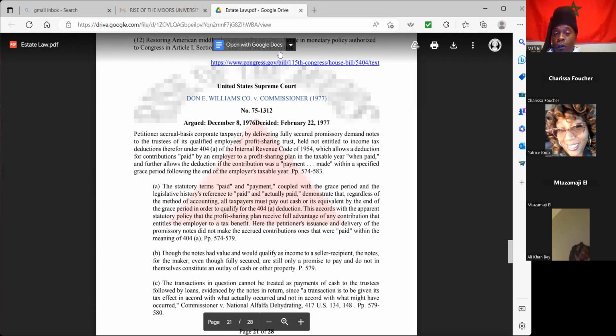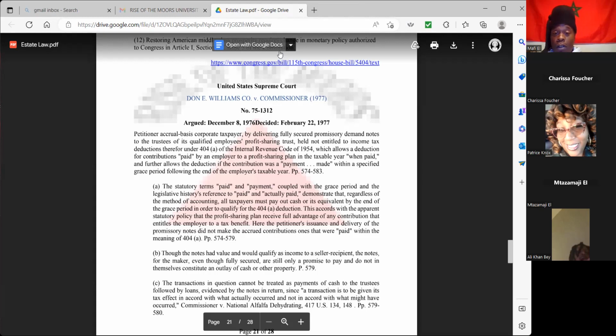Therefore, under 404(a) of the Internal Revenue Code of 1954, which allowed a deduction for contributions paid by an employer to a profit sharing plan in the taxable year, when paid, and further allows the deduction if the contribution was a payment made within the specified grace period following the end of the employer's taxable year.